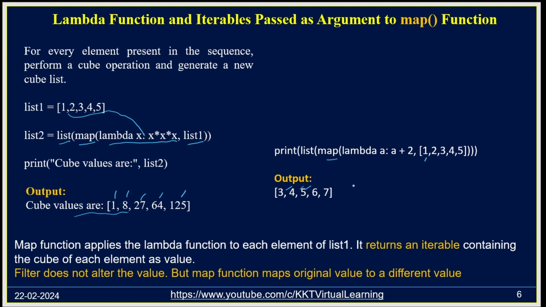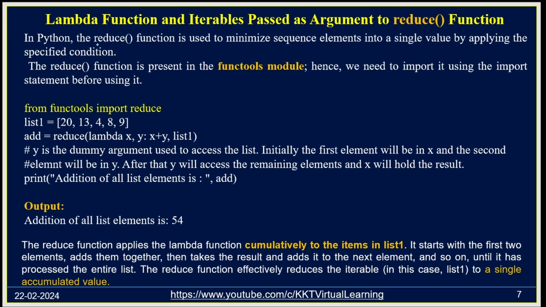It is only filtering the values from the original list. But in the case of map, each element is mapped to another value based on the statement given in the lambda function. But in both cases, filter or map, the function will return an iterable based on the argument passed.